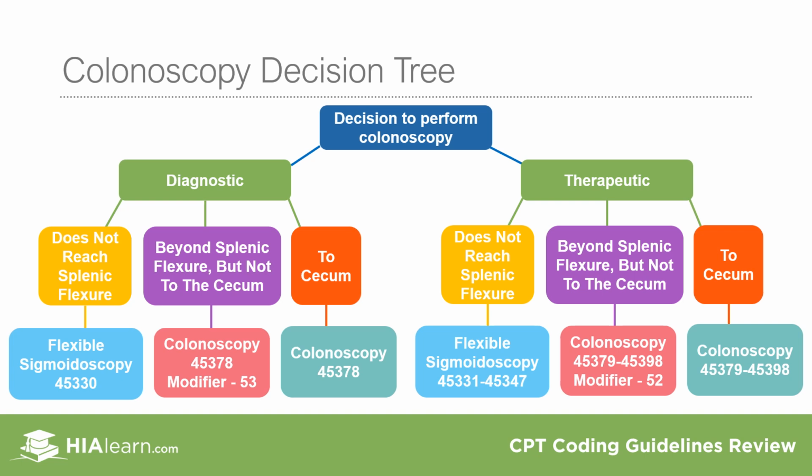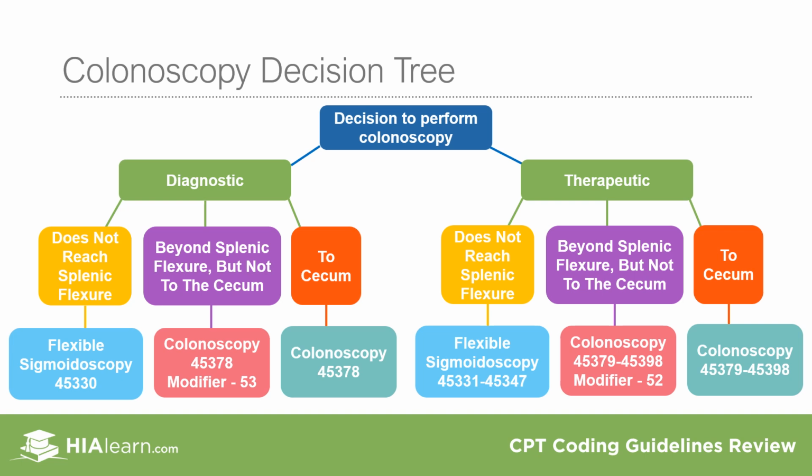This decision tree outlines the colonoscopy code that should be reported, or range of codes from which a code is selected, and modifiers, if applicable, based on whether the colonoscopy was diagnostic or therapeutic and how far the scope was advanced.